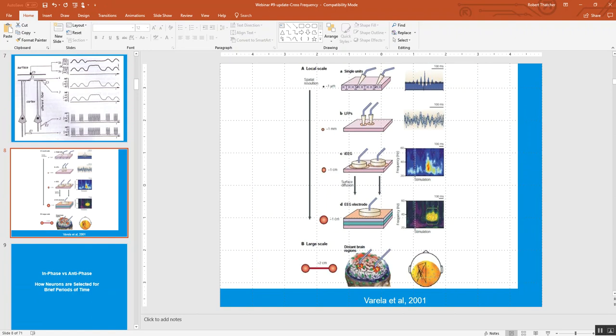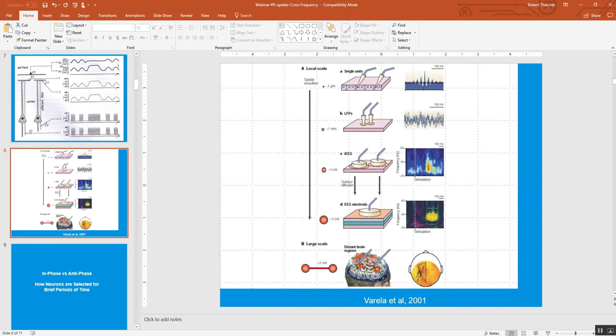So we're going to look also at this spectrum from Varela et al. in 2001, which he was able to show this nesting of local field potentials where you can put electrodes inside neurons. You'll see that there's synaptic activity going on in the frequency range. You withdraw the microelectrode so it's just outside the neuron, and you pick up, that's in B, local field potentials.